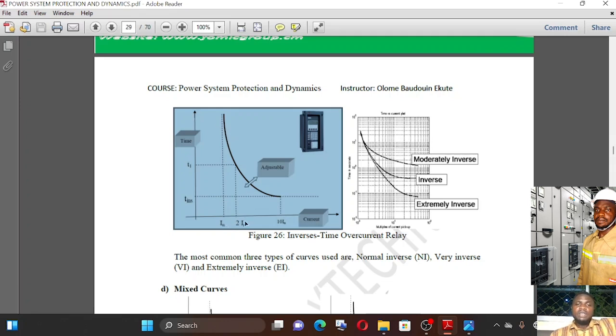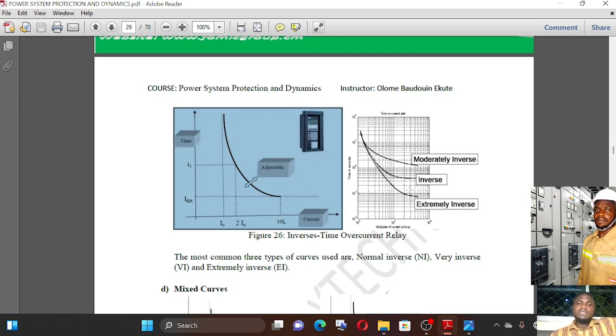Meanwhile, when the fault level increases, for example, 10 times that IN or nominal current, we see that the time becomes very, very small, going towards the instantaneous time of the instantaneous relay.